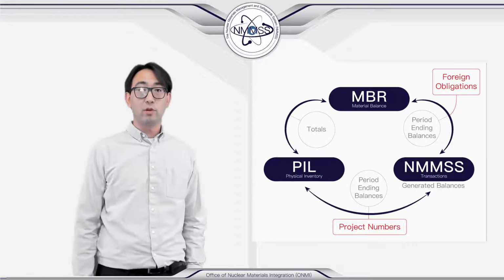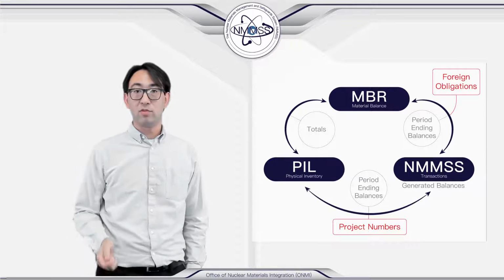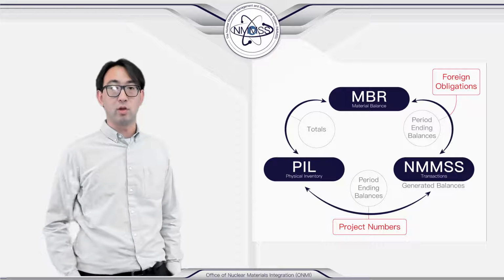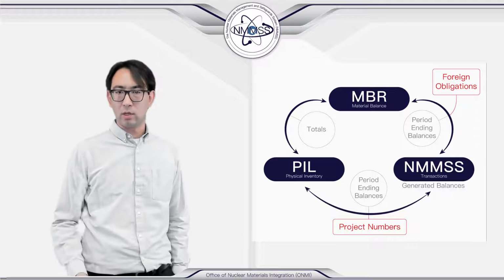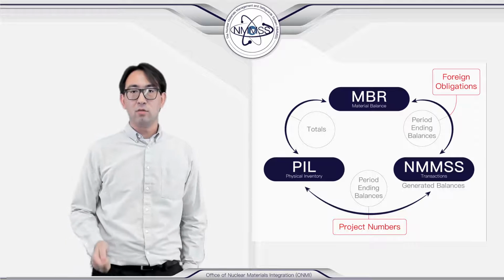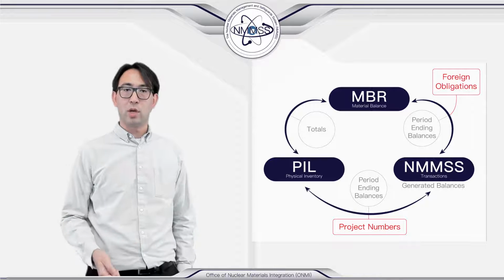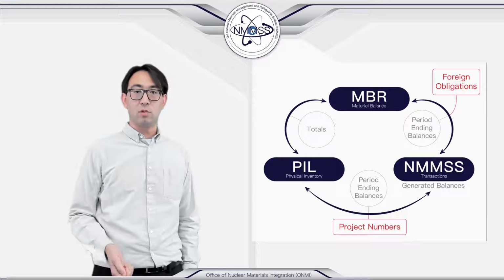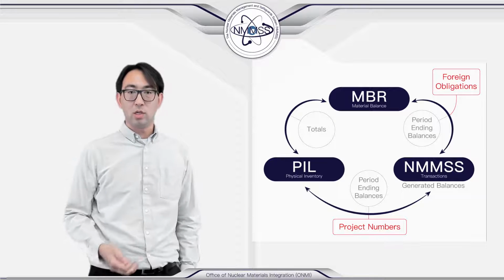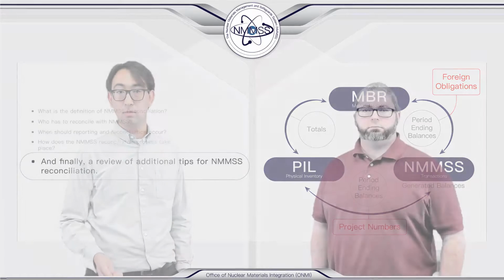There are a few final validations that are performed during reconciliation. For each material type, verify that the sum of project number quantities and non-DOE-owned quantities equals the nuclear material total line, the 899 line. Additionally, verify that the sum of project number quantities equals the DOE-owned ending balance on the material balance. Finally, verify that the sum of the non-DOE-owned quantities equals the non-DOE-owned ending balance on the material balance.